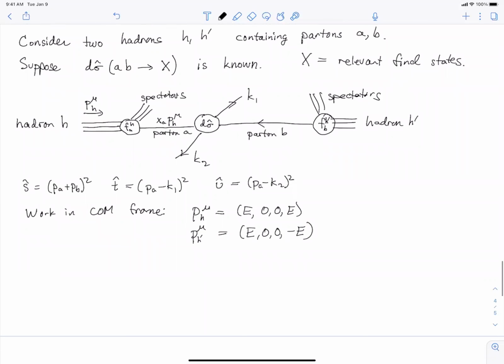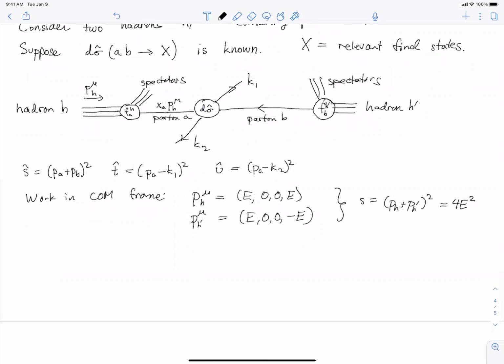From these, the hadron S, the unhatted S, is (p_H plus p_H prime) squared, which is just 4E squared, because it's (2E) squared.